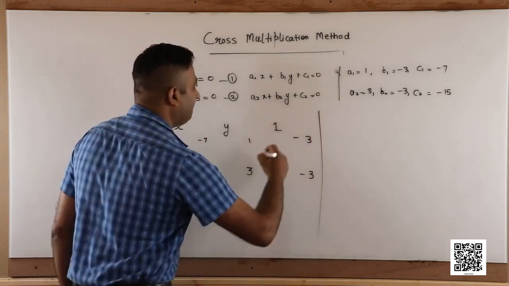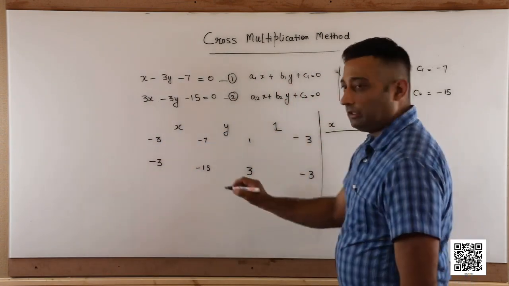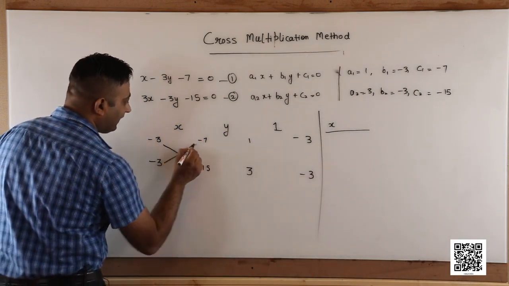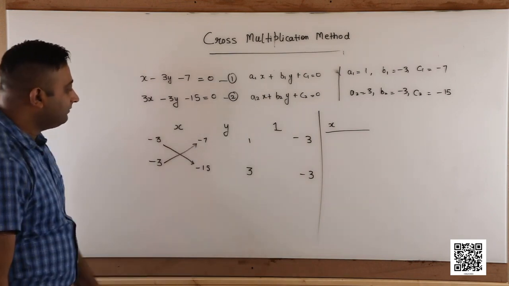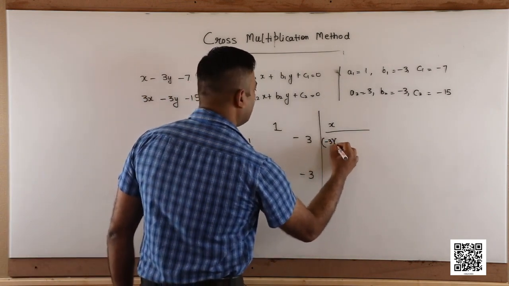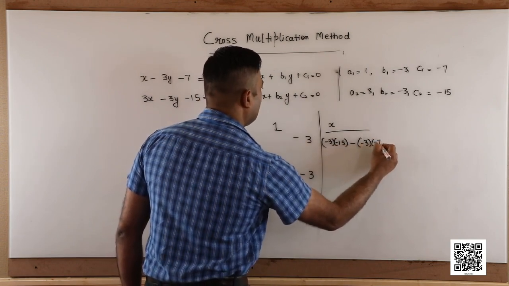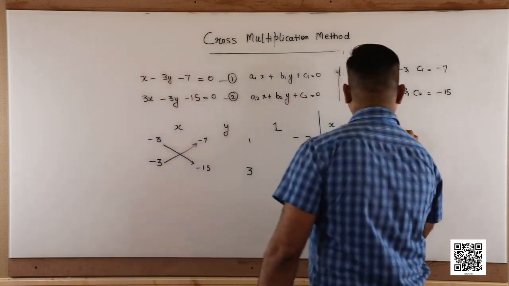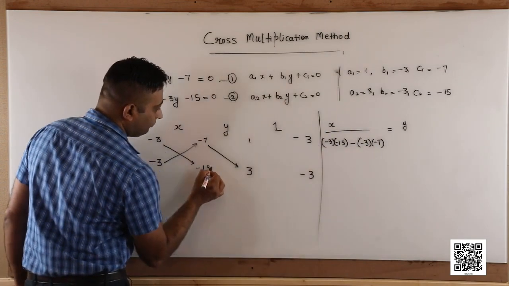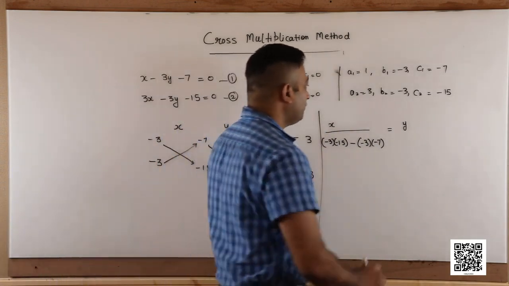So now let us make the equation. x upon, we cross multiply minus 3 and minus 15 and subtract the multiplication of minus 3 and minus 7. So x upon minus 3 into minus 15 minus minus 3 into minus 7 equals y upon minus 7 into 3, subtracted by minus 15 into 1.